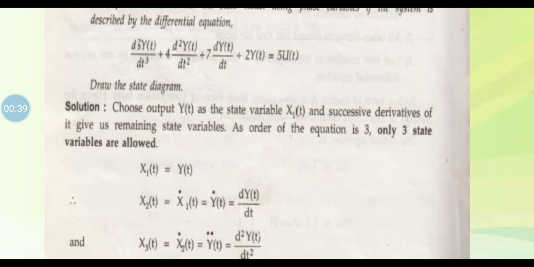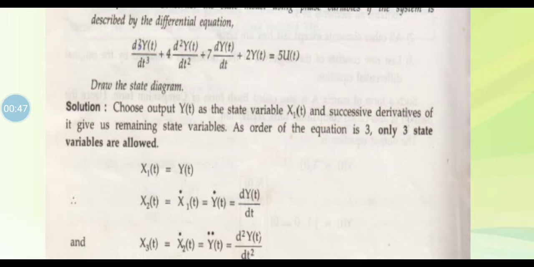We'll choose the output y(t) as a state variable. So y(t) must be taken as state variable x1(t), and successive derivatives of it will give us the remaining state variables, as it is a differential equation.